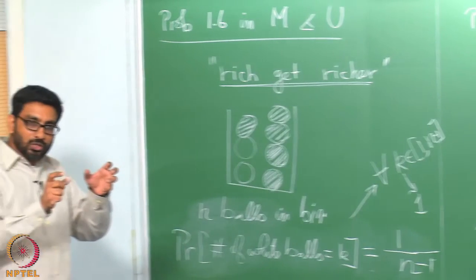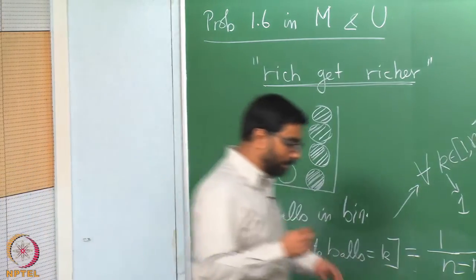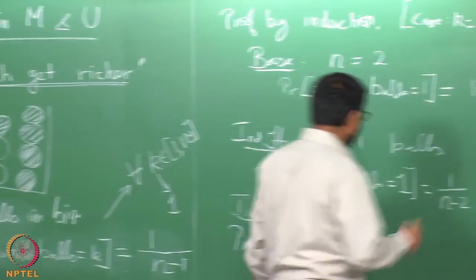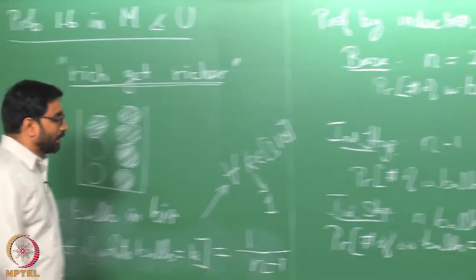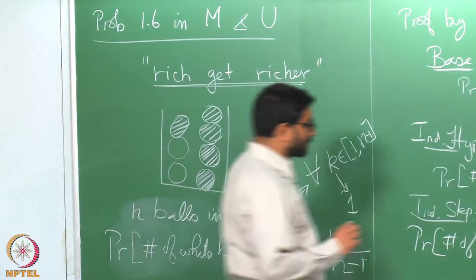When these two conditions hold, we will be ending up with exactly one white ball, and probabilistically speaking, here is how we can write that.